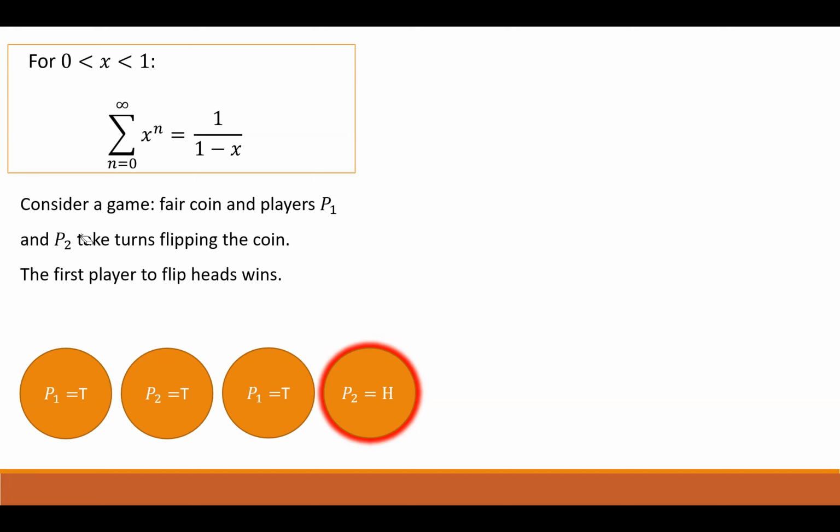Player one has at least a 50% chance of winning because they have a 50% chance of winning on the first flip. Exactly, at least that, because they can win on a later flip. So we know immediately it's going to be more than half. So player one has the advantage in this game.